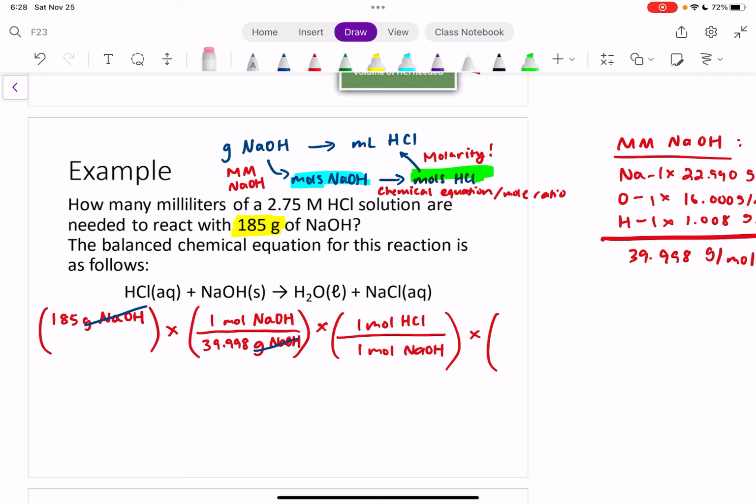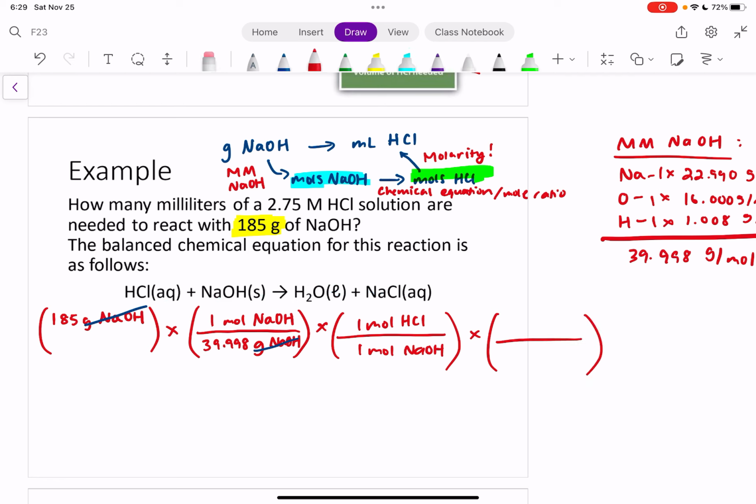But if you had any other ratios, say it was a 2-to-3 ratio, that's what will go here. So it's great in this particular problem that you would still get it right if you messed up, but that's not always going to be the case. So remember, you always, always, always, when you're converting from moles of one thing to moles of a completely different substance, there is no way to do that without your balanced chemical equation. Okay, so I'm definitely going to be looking for that on an exam.